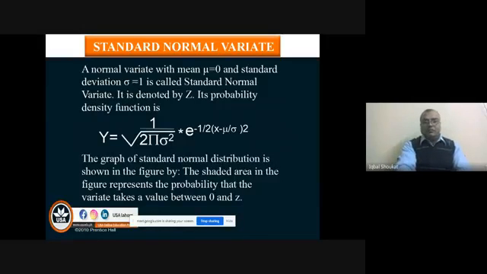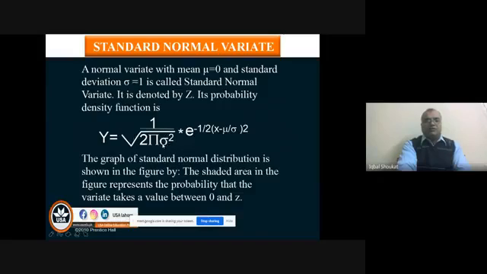So this formula is known as the normal probability density function, which can be read as 1 divided by the square root of 2 pi sigma squared, or it can be written as 1 over sigma square root of 2 pi, since the square of the variance cancels, leaving the sigma term.